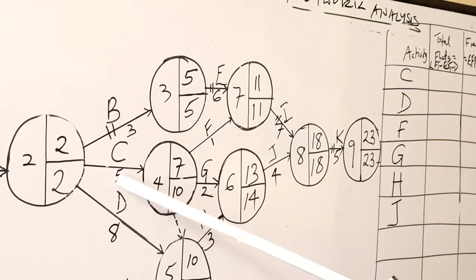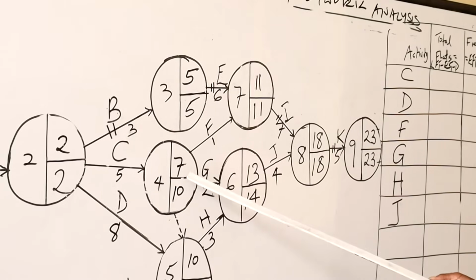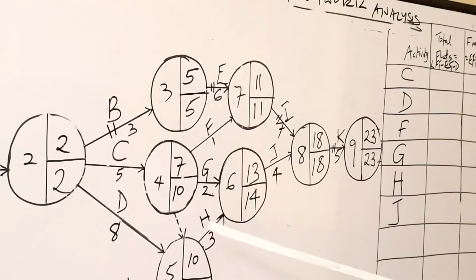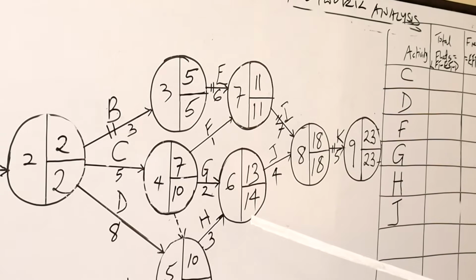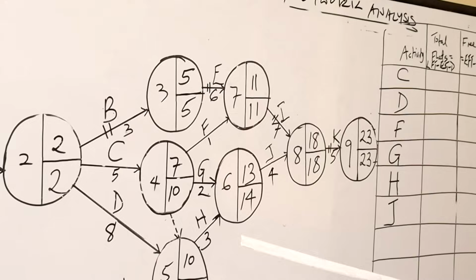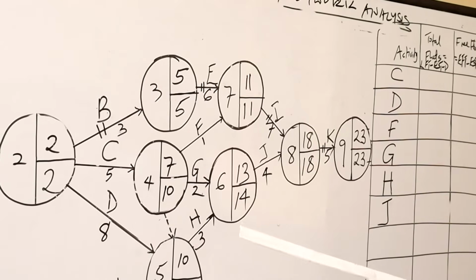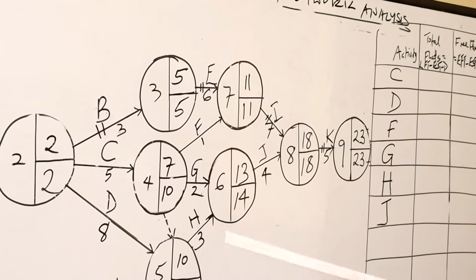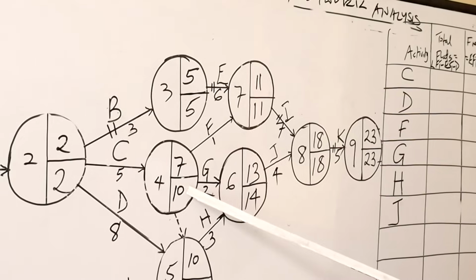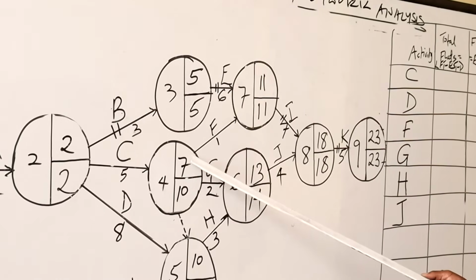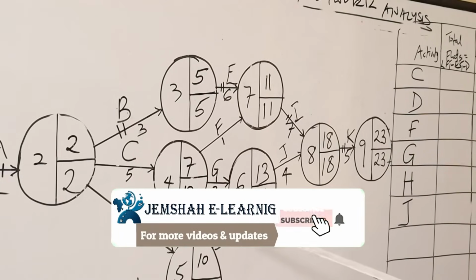Then C, earliest finishing time, if everything goes on well in that project, C can be completed on the 7th day. If things delay the completion of activity C, it can be completed on the 10th day. So earliest finishing time is 7, latest finishing time is 10.